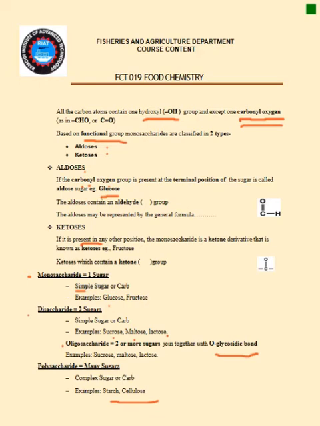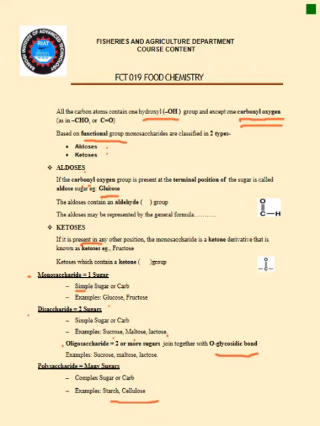Having said that, we can now conclude that monosaccharides can be classified based on two aspects: the number of carbon atoms that they have, which group them into the categories that I've mentioned, and also the functional group that they have, which group them into aldoses and ketoses.